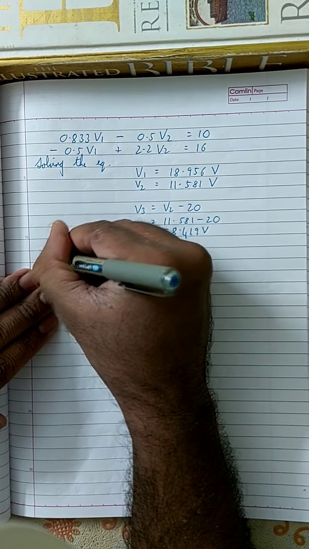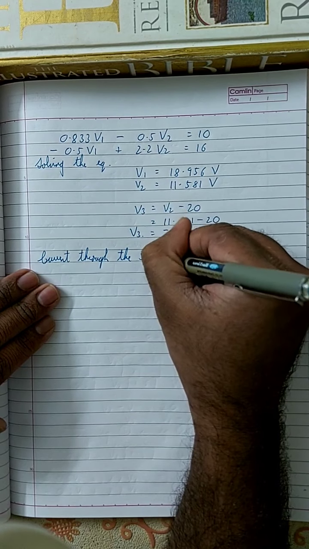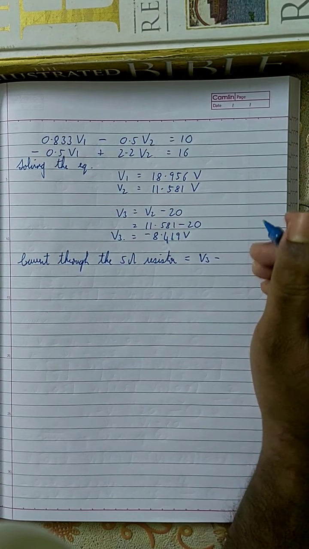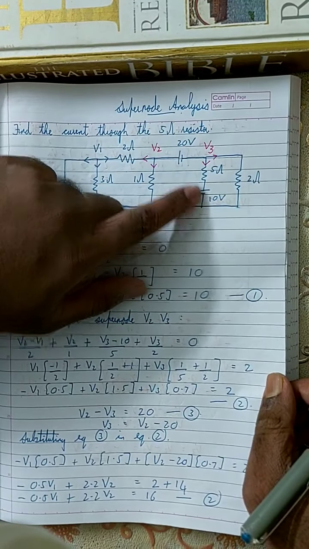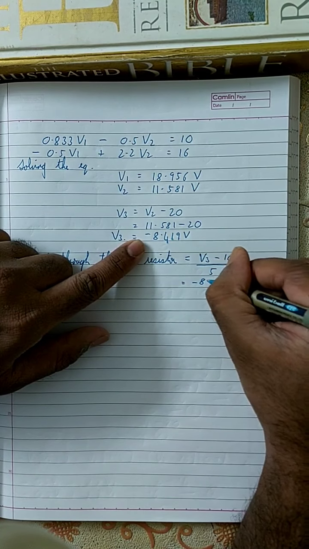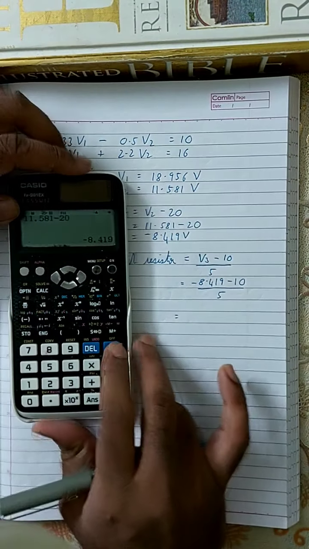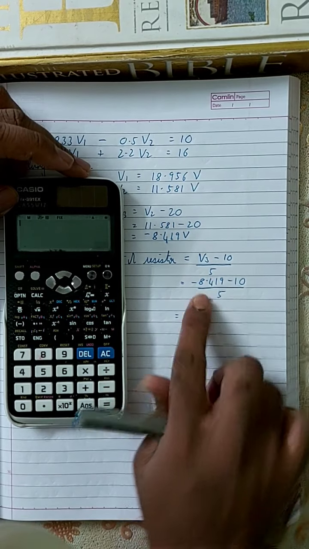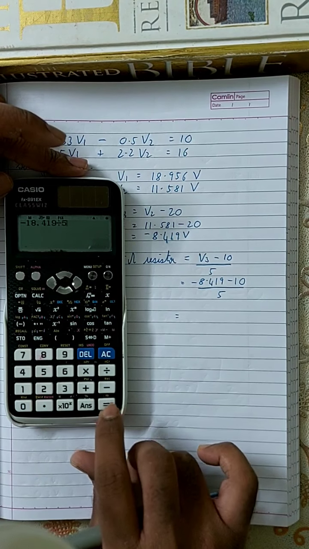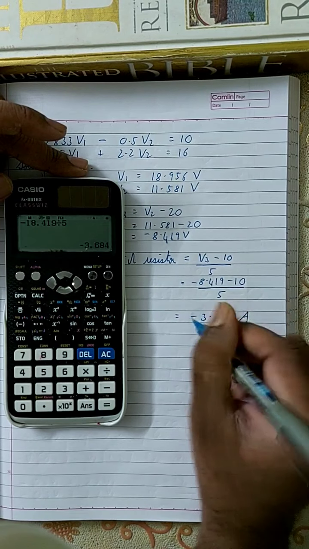Therefore, current through the 5 ohm resistor is equal to V3 minus 10 by 5, which is equal to minus 8.419 minus 10 by 5, which is minus 18.419 divided by 5, which is equal to minus 3.684 amperes.